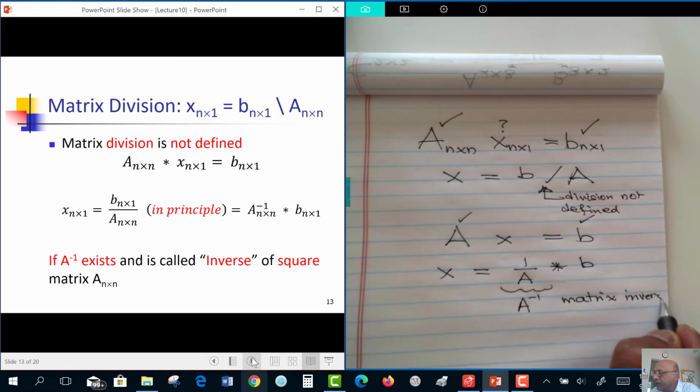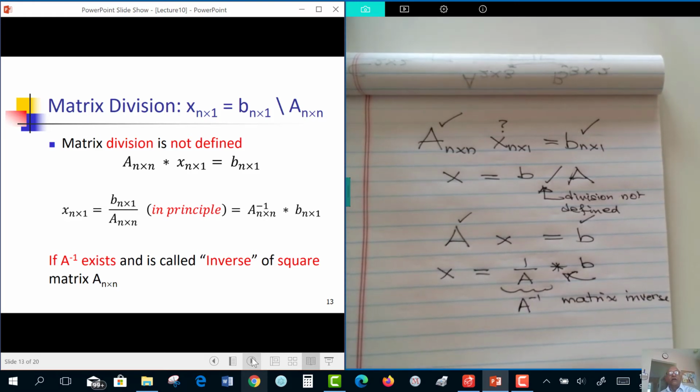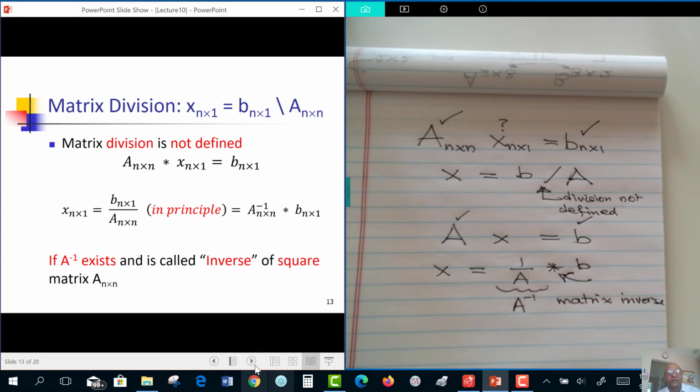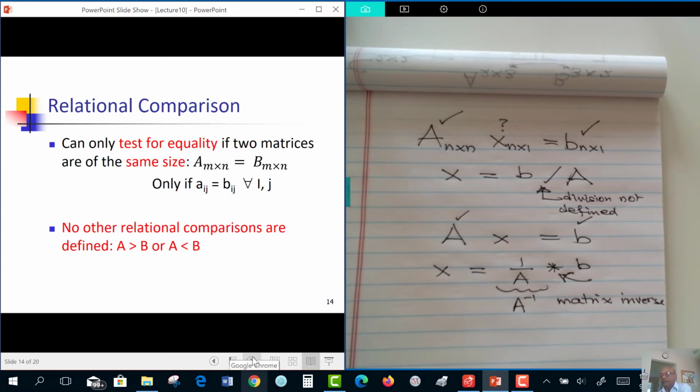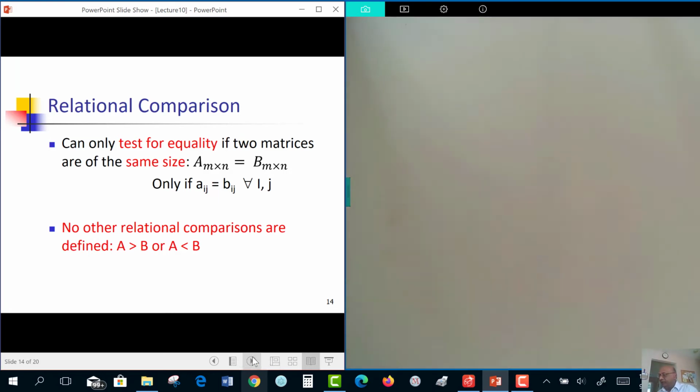So we can do matrix multiplication. This is allowed. So what we'll do is we'll somehow find out what is 1 over A. So if A inverse exists, it is only for square matrices, then we can perform this multiplication and solve for x. So we'll talk about this later on.